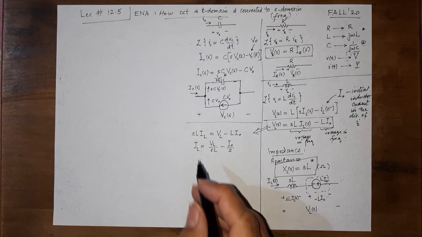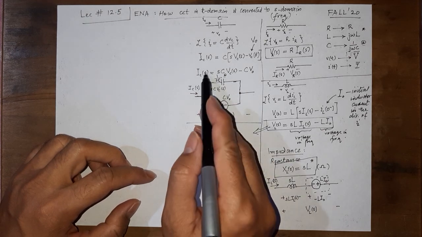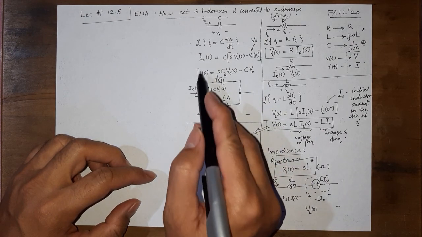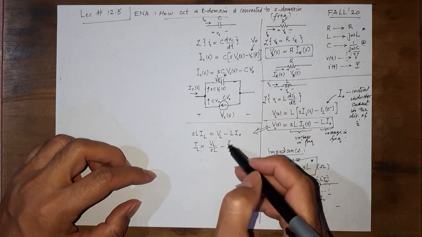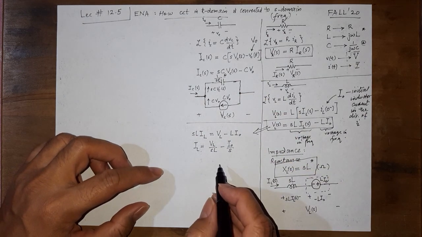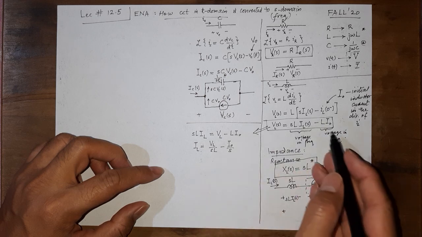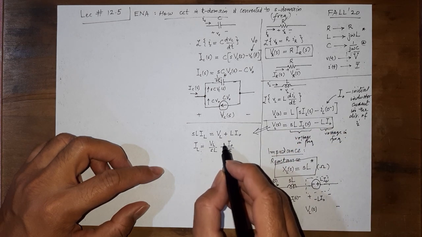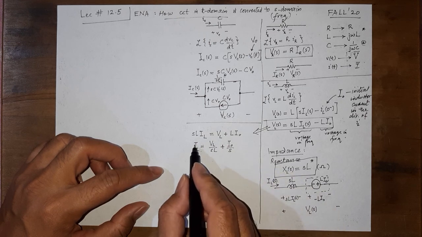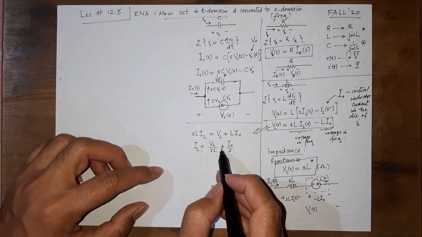So compare this expression with this one. Now we have one term which is negative. Oh, sorry. This comes to this side and becomes positive. So you see, here we had a negative sign, here we have a positive sign.